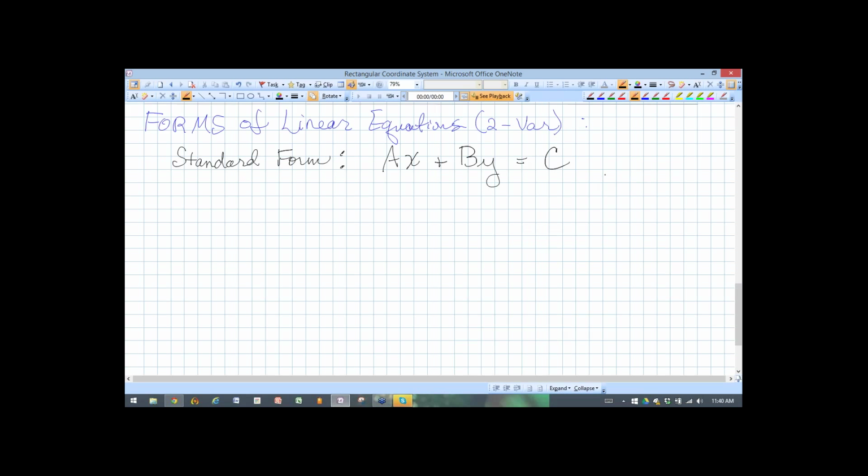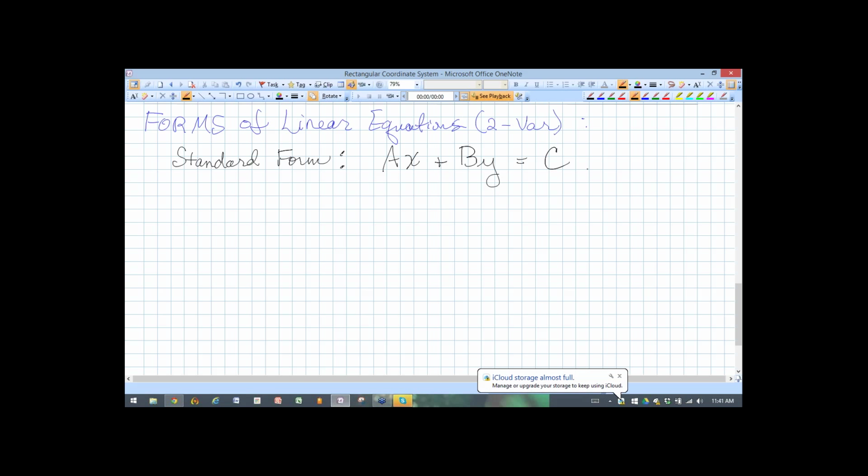So remember that skill we just got finished looking at where you can clear fractions by using the common denominator or clear decimals by multiplying by a power of 10. Those are going to be skills that you will consider quite handy as we go along in this. Okay, so keep that in mind. If you were confused with that skill, let me know. Okay, we can review that together.